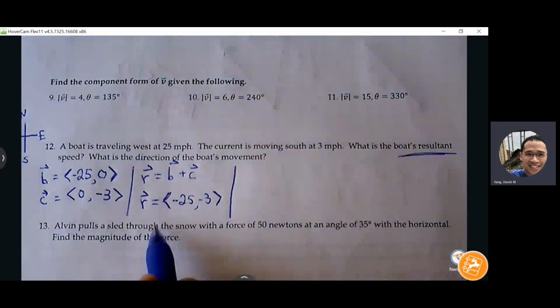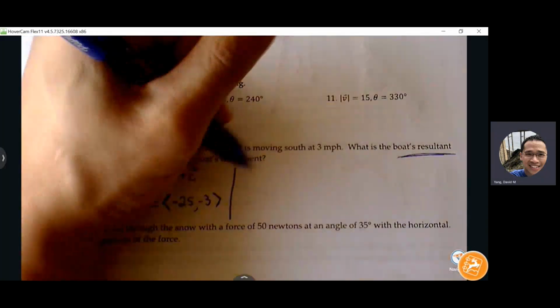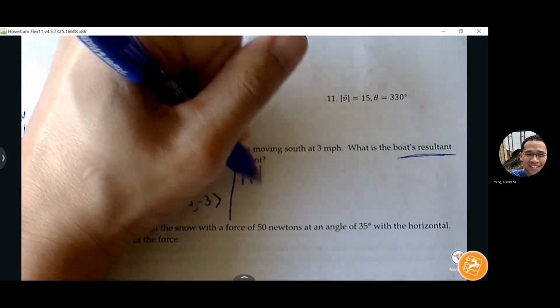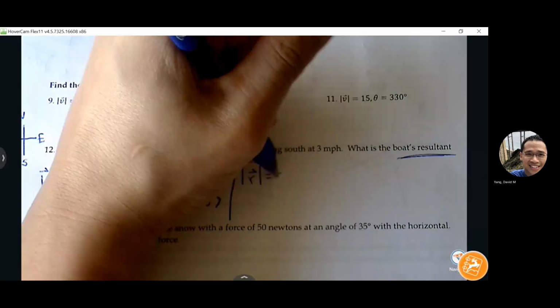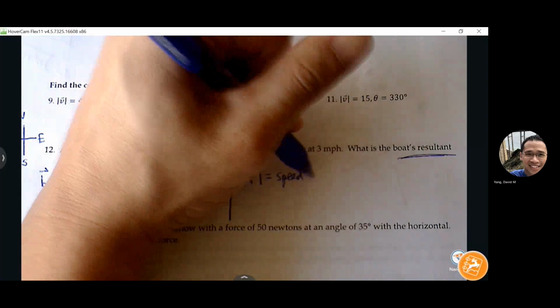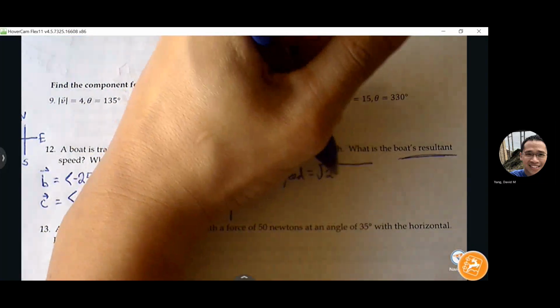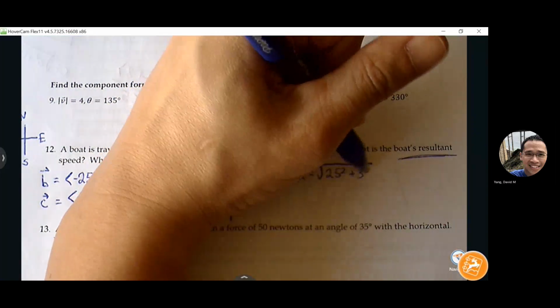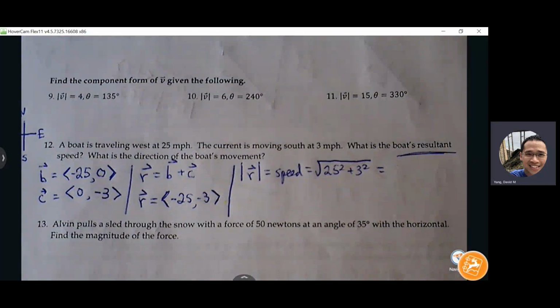So speed is just the magnitude of my vector. And I never have to worry about negatives because I know everything's going to be positive once it's squared.